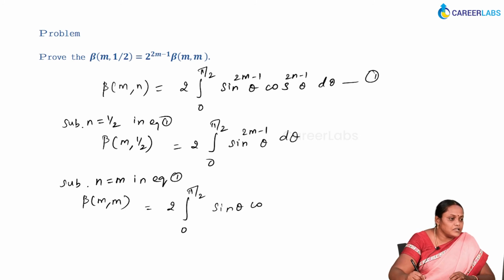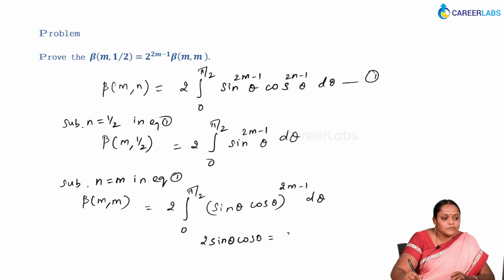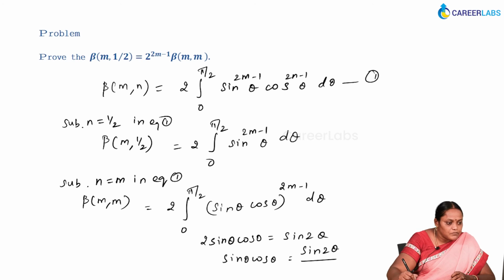This will be sine theta into cos theta. Anyway, this power is going to be 2m minus 1 and here this power is going to be 2m minus 1, so raised to the power 2m minus 1 into d theta. We know that 2 sine theta into cos theta is given as sine 2 theta. Therefore, sine theta into cos theta can be written as sine 2 theta divided by 2.